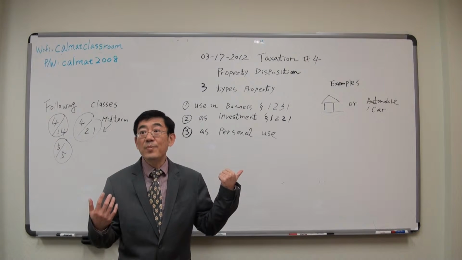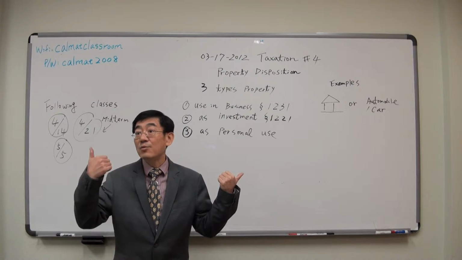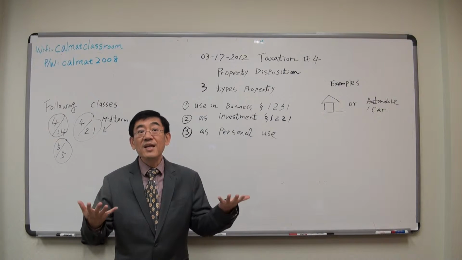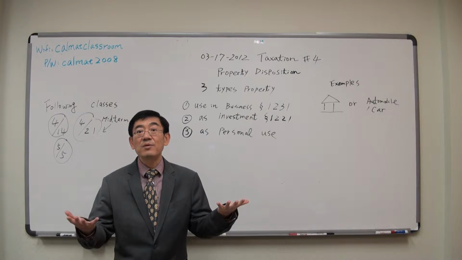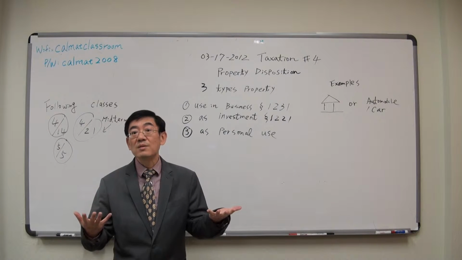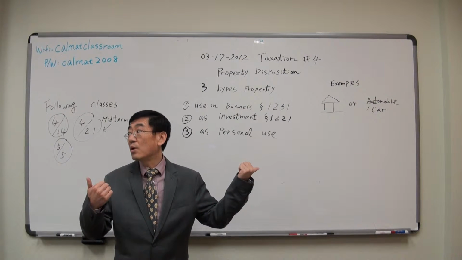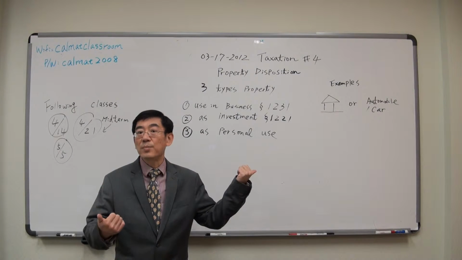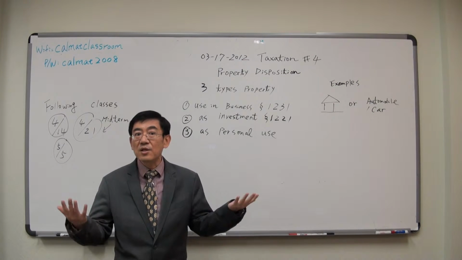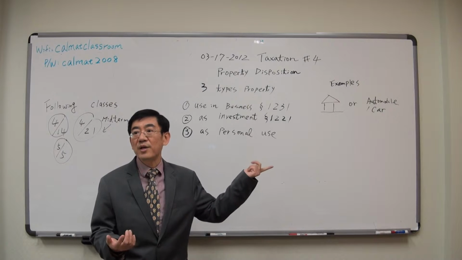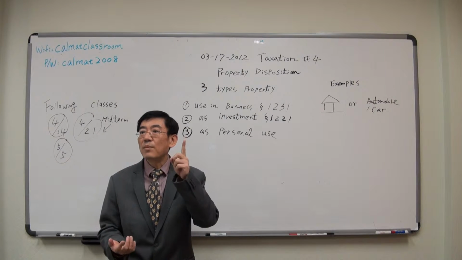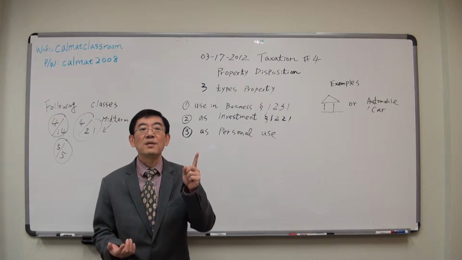If you lease the property from somebody else, there will be no topic for today. If you don't legally own the property, there is no disposition issue here. So number one, you must own the property.